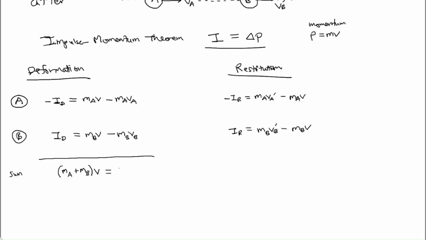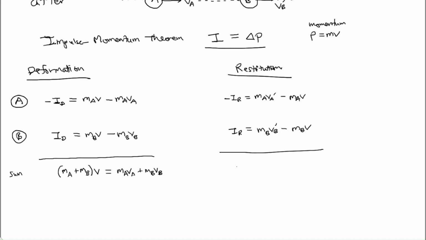So we have the sum of the masses times v, and that equals m sub a v sub a plus m sub b v sub b. So this is basically conservation of momentum before and after the deformation phase.